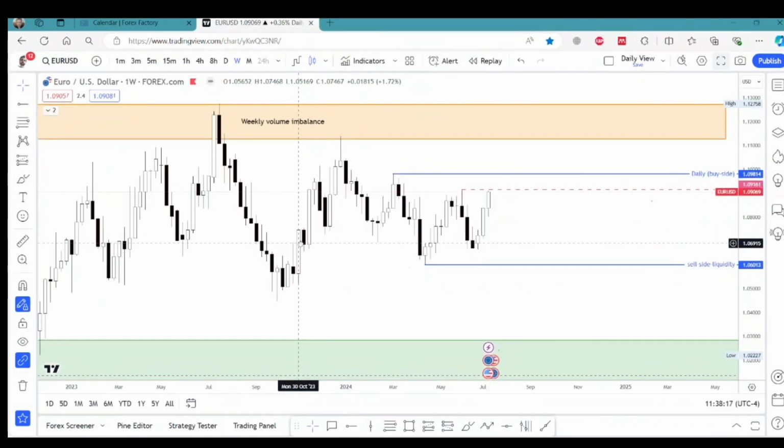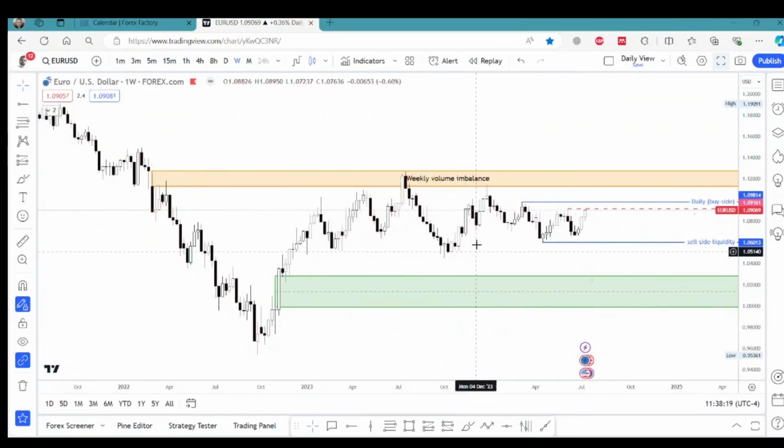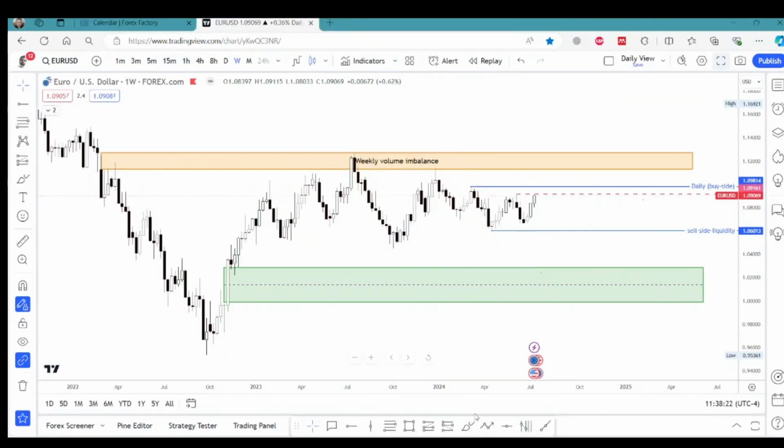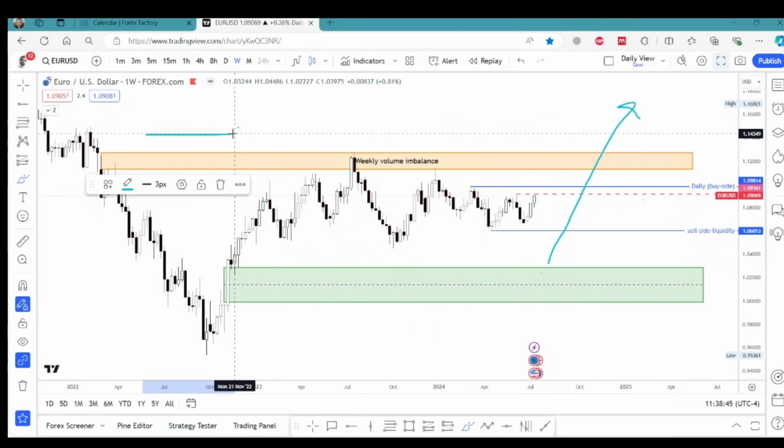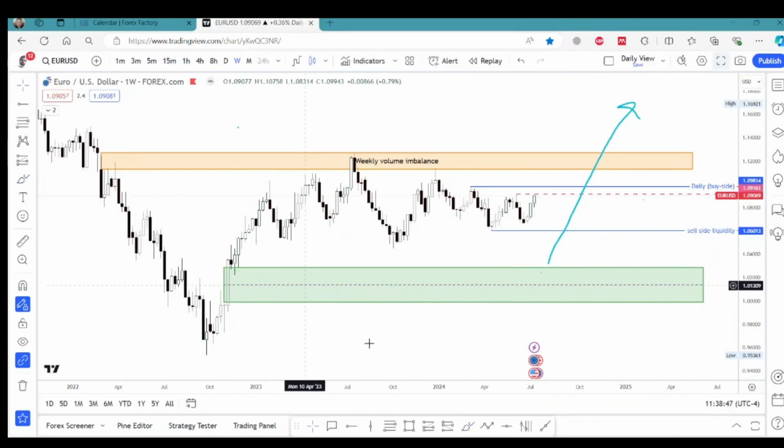But for now, as I've mentioned multiple times, my long-term bias is bullish, and I want the price eventually to go up, take out this high, and then keep going up from then onwards. But it has been about half a year since we touched this volume imbalance that was created 2 years ago, and then we just kept going sideways and have really done nothing.